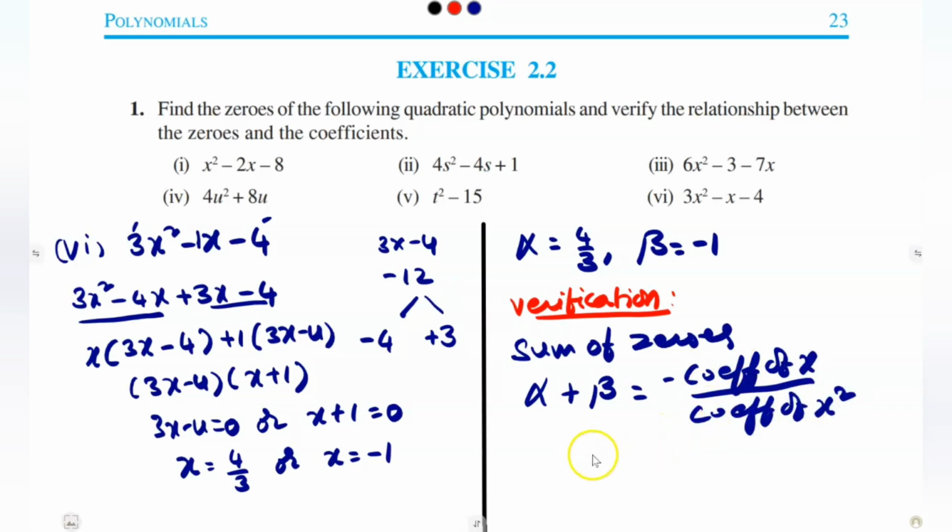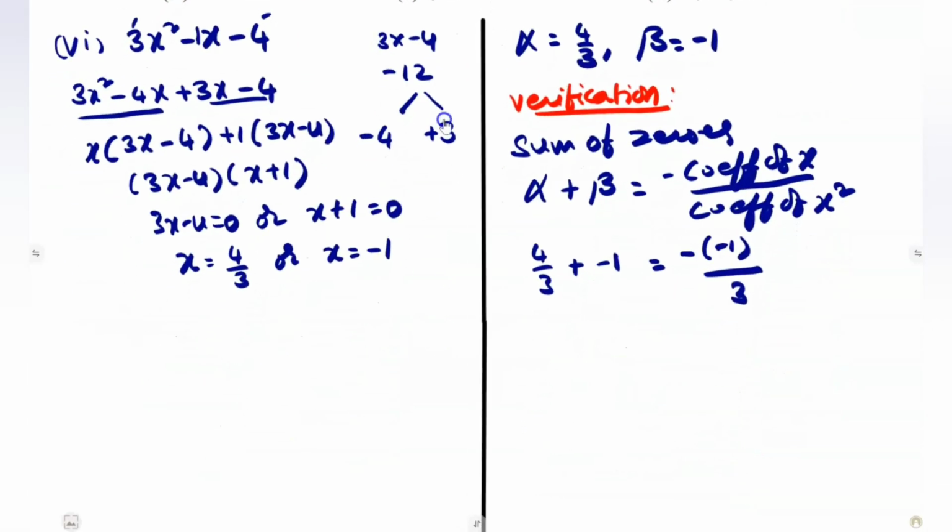So alpha plus beta is 4 by 3 plus negative 1, which is equal to negative coefficient of x. Here the coefficient of x is minus 1, so minus of minus 1, divided by the coefficient of x square, which is 3. So write by 3. Now on the left side we have 4 by 3 plus minus 1.